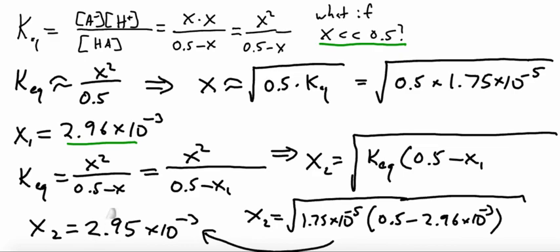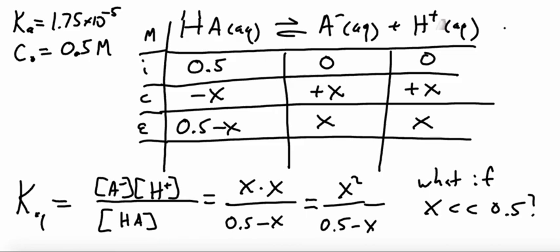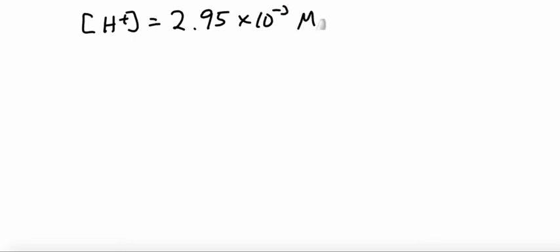Okay, so we get our final answer for x2, and we've decided that that's plenty precise enough. And so now we're going to use it to get our concentration. So we go back to our ice table, and we can see that the concentration of hydrogen ion was equal to x. So we've already calculated the concentration of hydrogen ion. So let's write that down. Concentration of hydrogen ion was equal to 2.95 times 10 to the negative 3 molar.